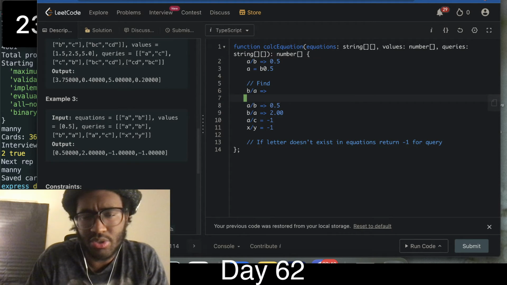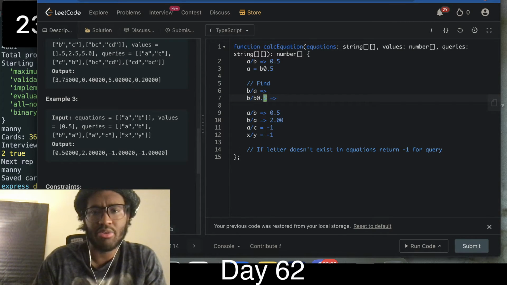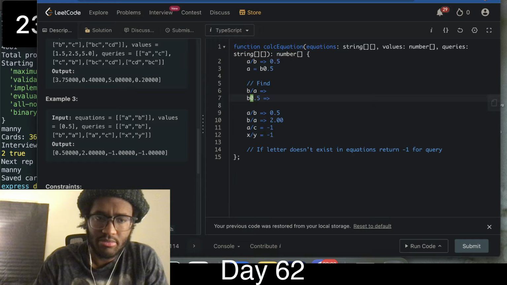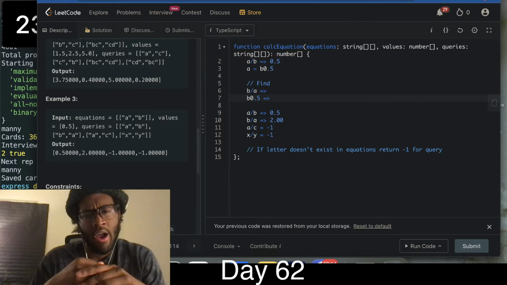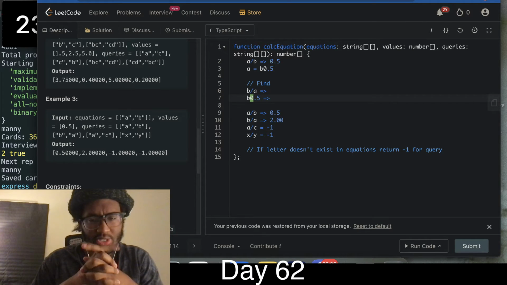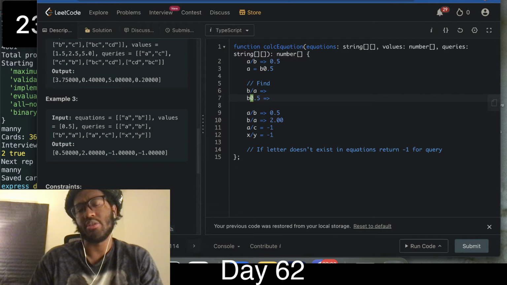Then maybe if it works out like this, you can always just swap in B times 0.5. B divided by B would be equal to, have B of 0.5. Or B, that doesn't quite make any sense.